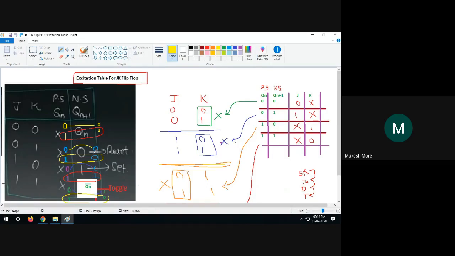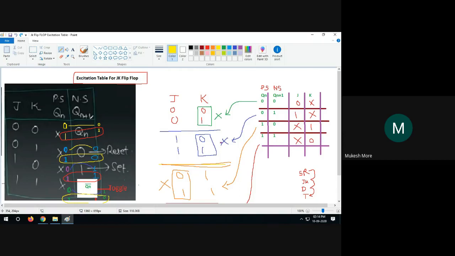Okay. Now we will refer to the output next state, that is Qn plus 1. In this case we are not considering the complement. We just take the normal variables Qn and Qn plus 1.